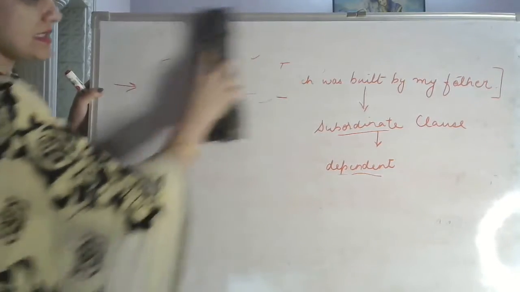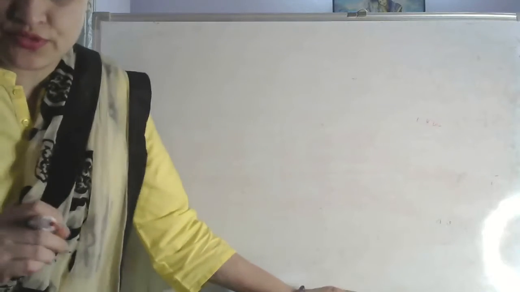I'll take another sentence, then you'll understand. For example, they have given the definition as well. If you look into your books on page number 13, the first sentence: a sentence which consists of a principal clause and one or more subordinate clauses is called a complex sentence.